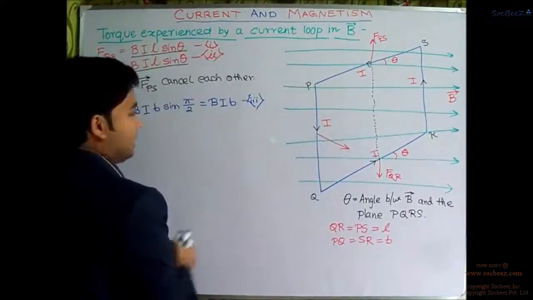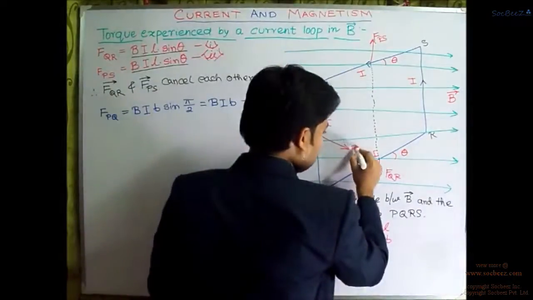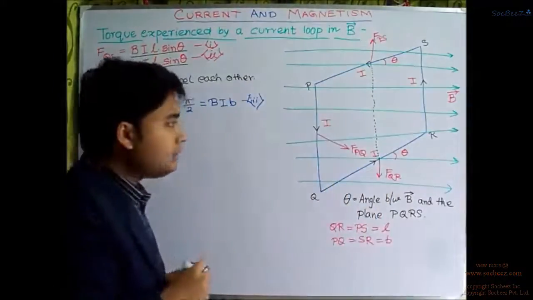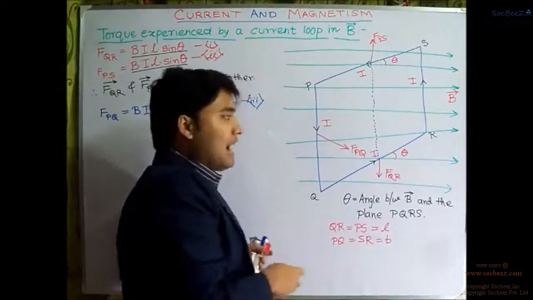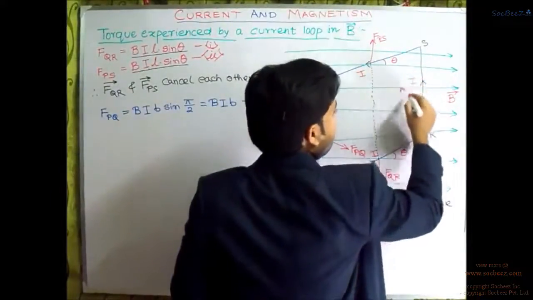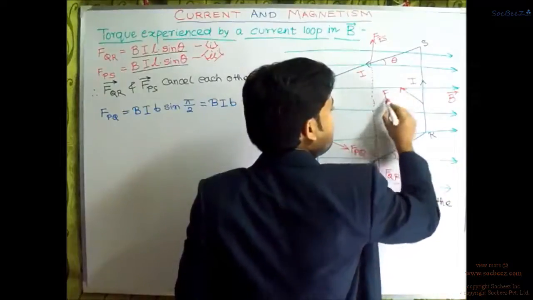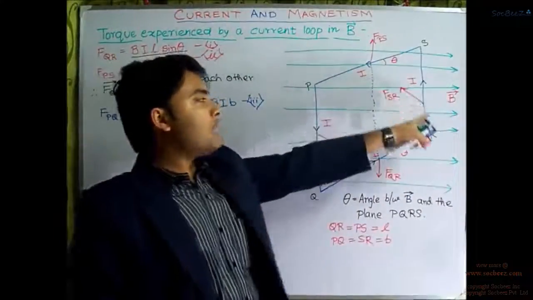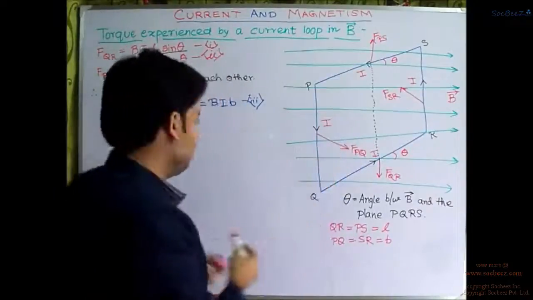So we can write that this force over here is F of PQ. Now if we wish to find out for SR, the direction will be like this. This will be F of SR. And this force is going into the paper, away from the reader.